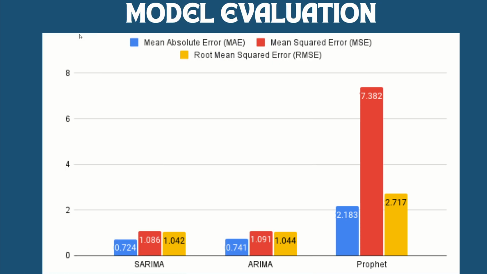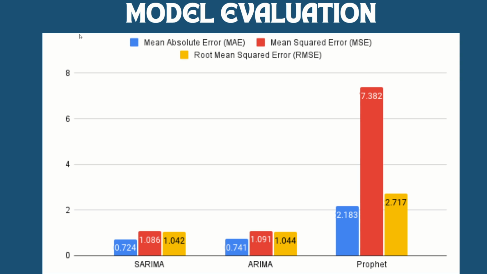Then we are evaluating how these models have performed. So we can see we have three metrics, that is mean absolute error, mean squared error, and root mean squared error, where mean absolute error will give us the average difference between predicted and actual values. Mean squared error will give the square of the difference between actual and predicted values, and root mean squared error is the root of mean squared error.